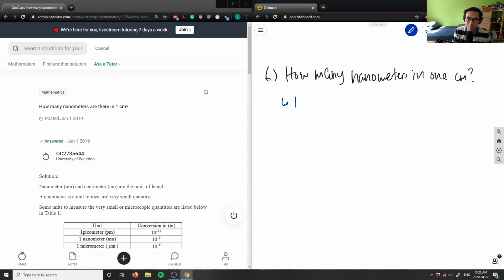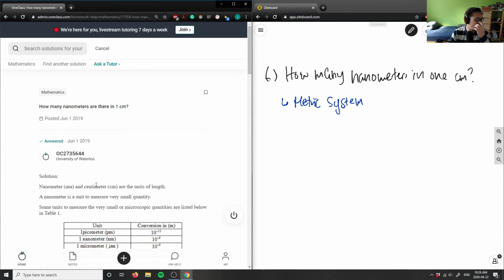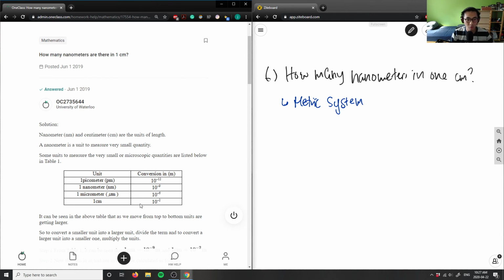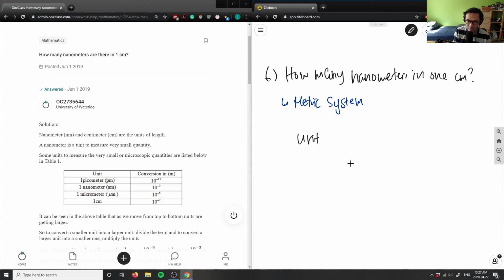So we have a chart here, and they actually have a chart here, so I'm going to use this chart to help us find this. We care about a nanometer and a centimeter. So I'm going to copy this chart here. It says unit here, and we have the conversion.